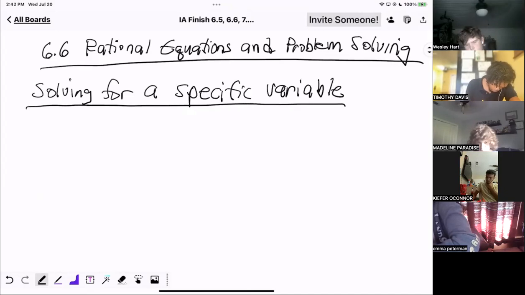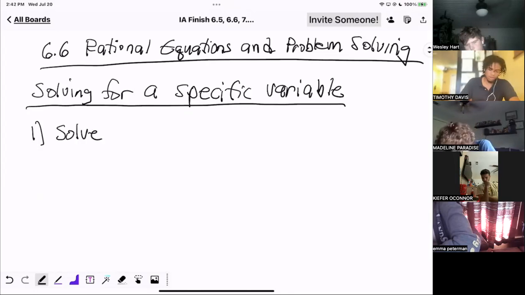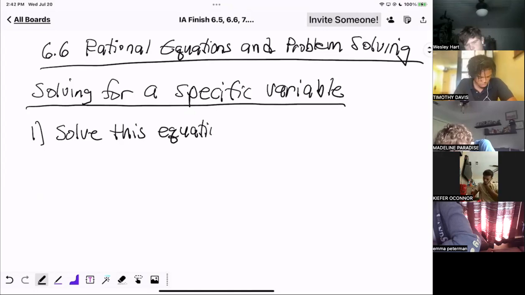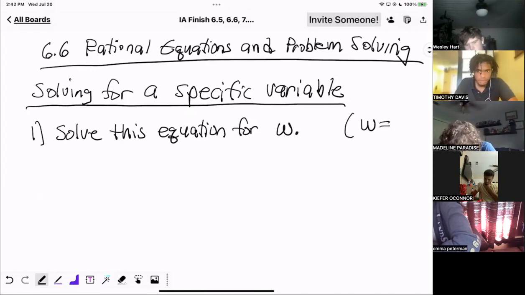So I'm going to give you an equation. You have to solve it for a variable, and I tell you which variable to solve for. These can be a little tricky too. I do have a couple of suggestions to help you along the way. So, number 1, solve this equation for W, which means at the end, I want to have W equals whatever's left behind.